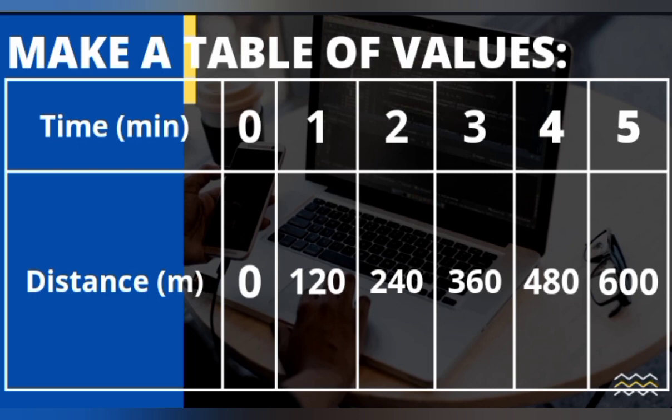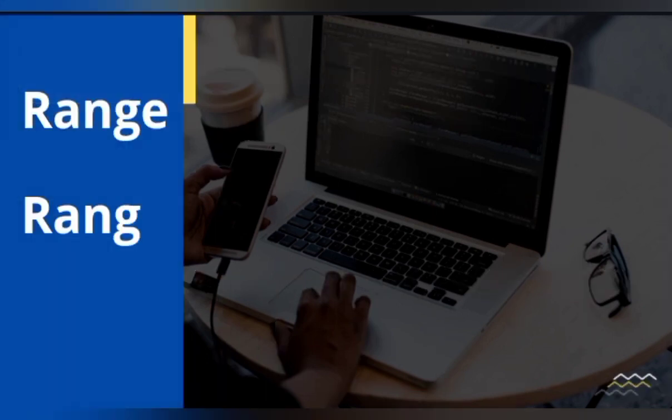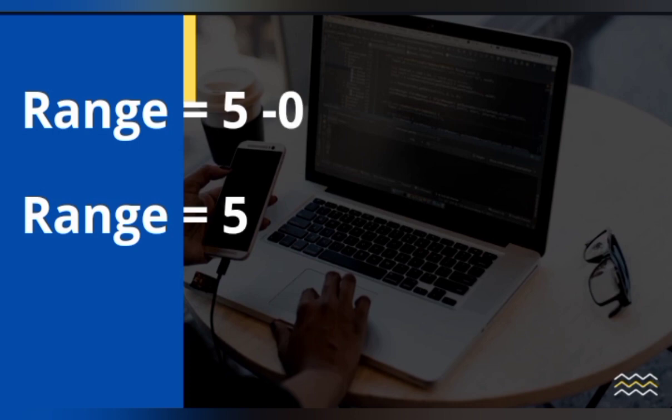Look at it carefully. What is the largest number there on the first row? I believe I heard you say 5, and that is correct. And the smallest number is 0. So using that, our range of value will be 5 minus 0, which is equal to 5.